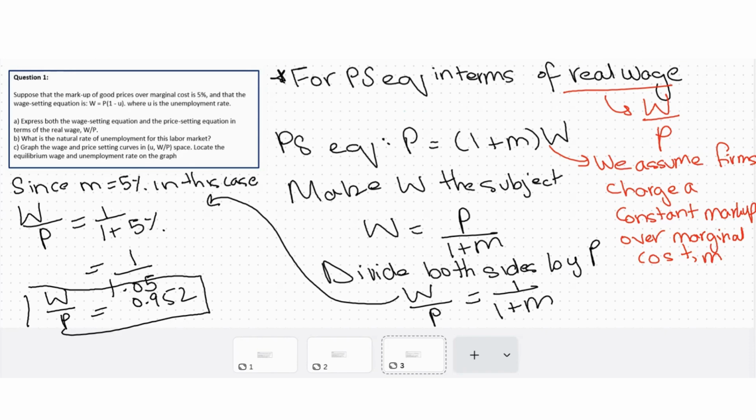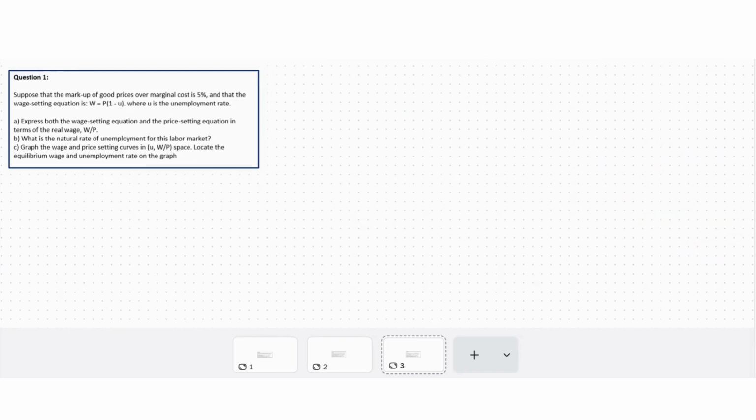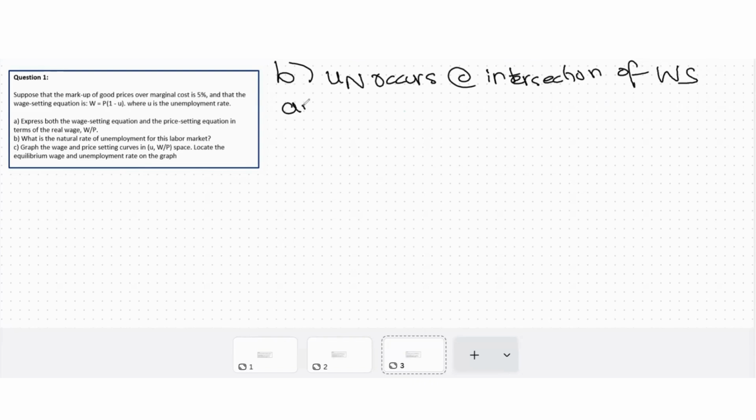We know in the WSPS model, the natural rate of unemployment occurs at the intersection of the WS and the PS curve. So UN occurs at the intersection of WS and PS, i.e. where WS is equal to PS.